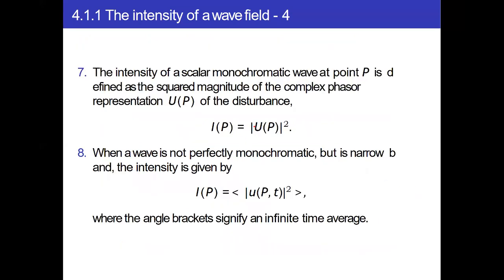So the intensity of a scalar monochromatic wave at a point P is defined as the squared magnitude of the complex phasor representation U(P).